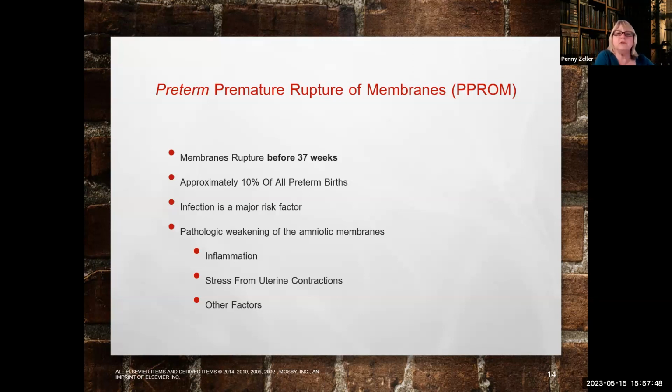The channel is open, so that can be transmitted, vertical transmission. And the membranes, when they rupture like that, are weaker because there's some inflammation going on. Then the stress from uterine contraction can cause the premature rupture and premature birth.